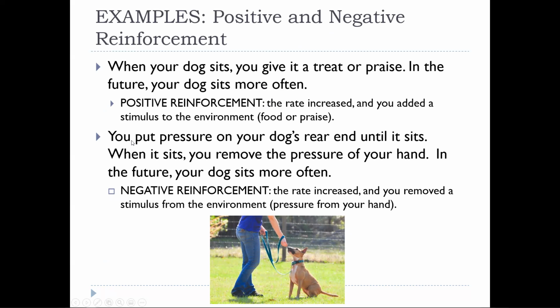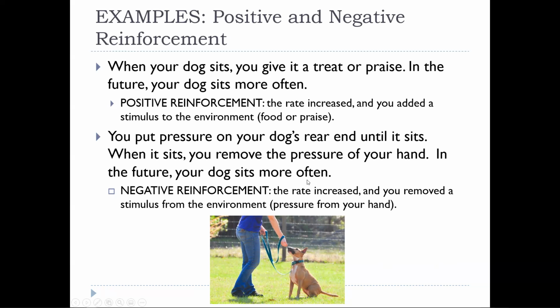Another common way that people will teach sitting for dogs is you put pressure on your dog's rear and push down on their butt essentially until they sit. And when they sit down, you remove the pressure of your hand on them. In the future, your dog sits more often. So in this case, the process is actually negative reinforcement. It's reinforcement because the behavior is going up, right?